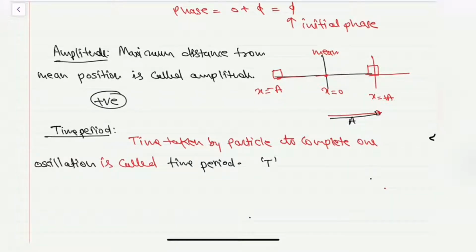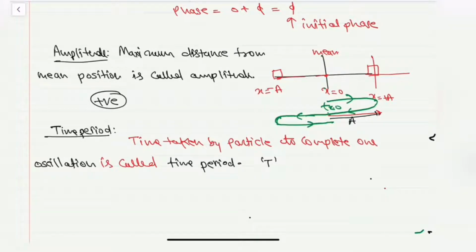For example, in this case, if we consider the motion of the particle at t is equal to 0, the particle is here at the mean position, and it will go to the maximum displacement first, then it will come back to the mean position, then it will go to the maximum displacement in the negative direction, and then it will come back to the mean position.